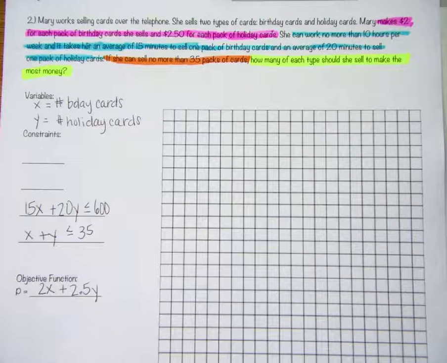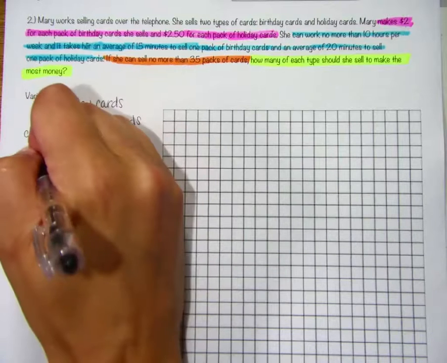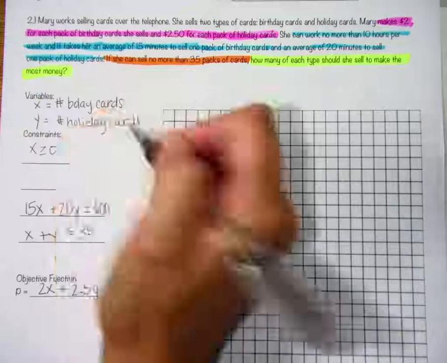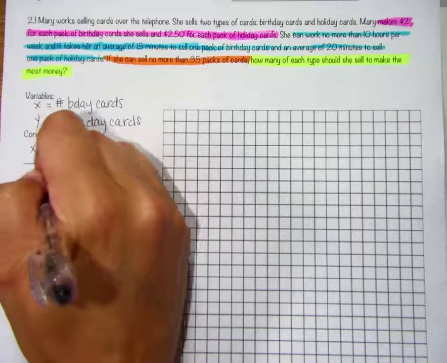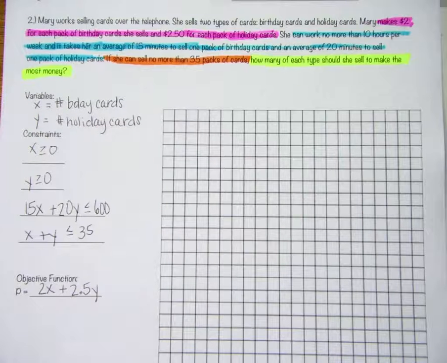Isaac, what's the least number of birthday cards she can sell? All right, so X has to be greater than or equal to 0. Again, same thing with those holiday cards. All right, I'm going to let you guys finish this up, and I'll be around if you need help or have a question.